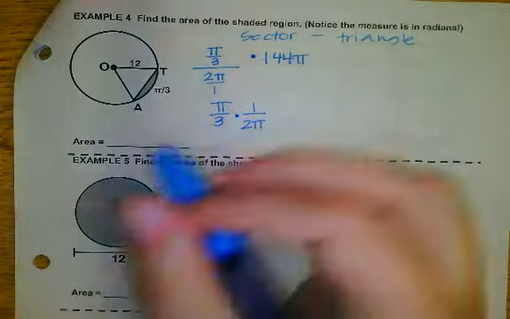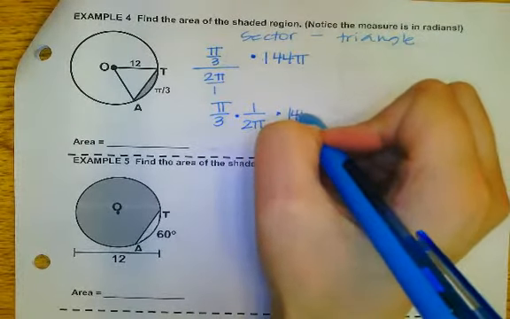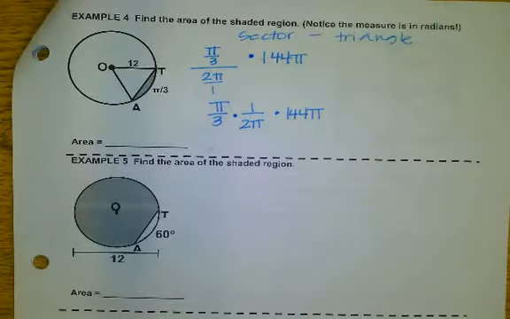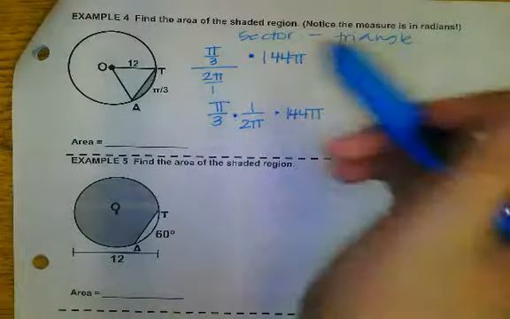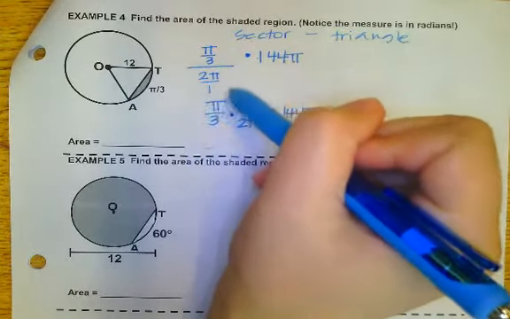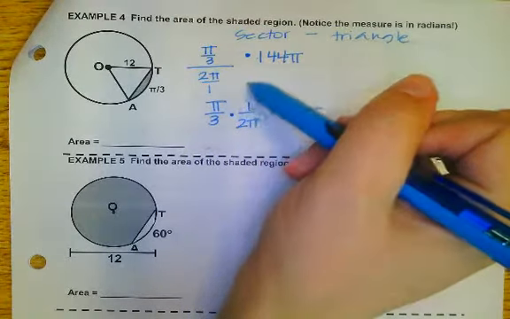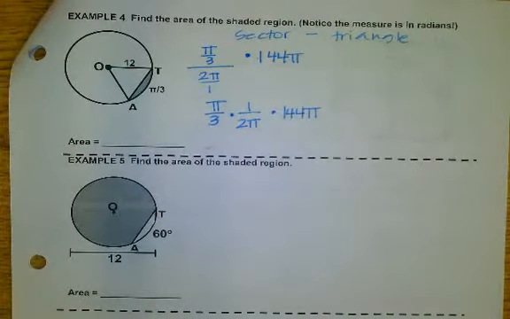But that's for arc length. We're doing sector. It's simplifying this fraction. When you have a fraction over a fraction, you multiply by the reciprocal of the denominator. Okay, so your pi's cancel. And what are you left with? 1 over 6 times 144 pi.